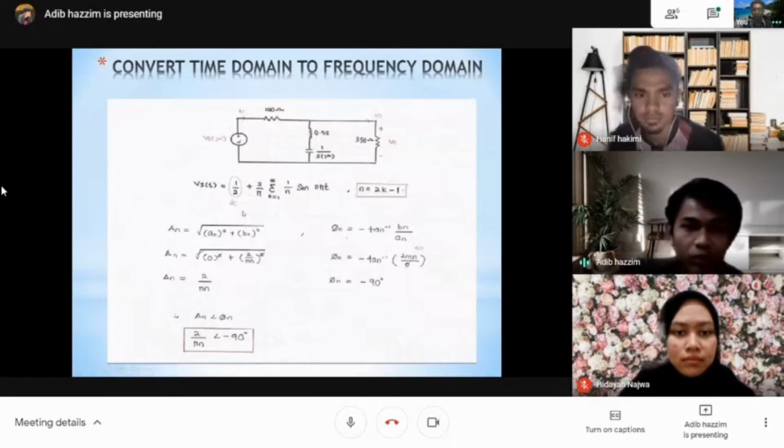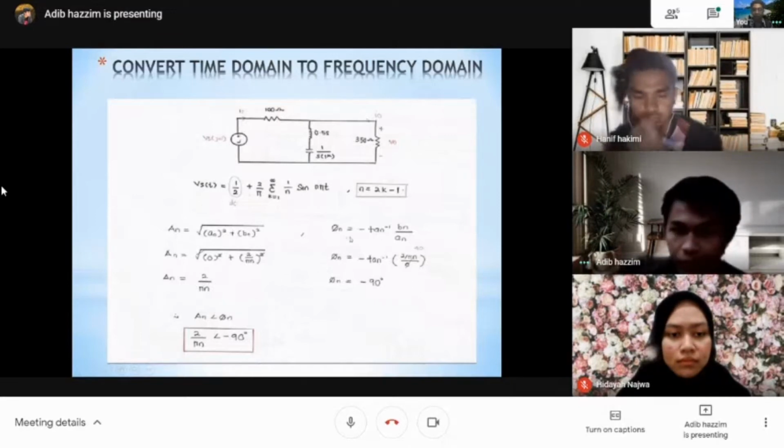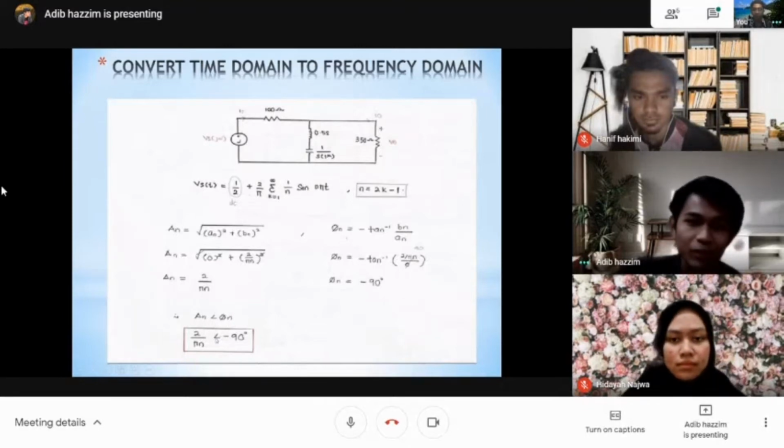The value of an is 0, and the value of bn is 2 over pi times 1 over n, so we get the answer 2 over pi n. For the angle, we use the formula, substitute the values, and we get negative 90 degrees. Just substitute and we get this equation.